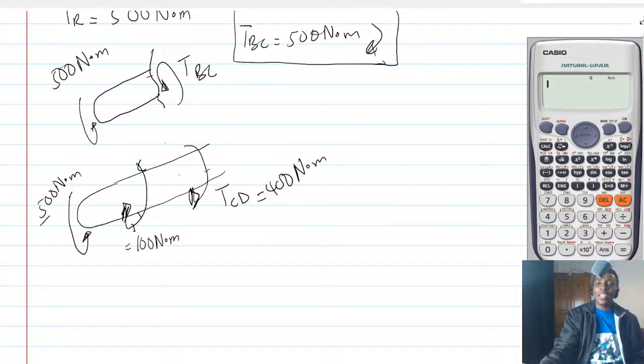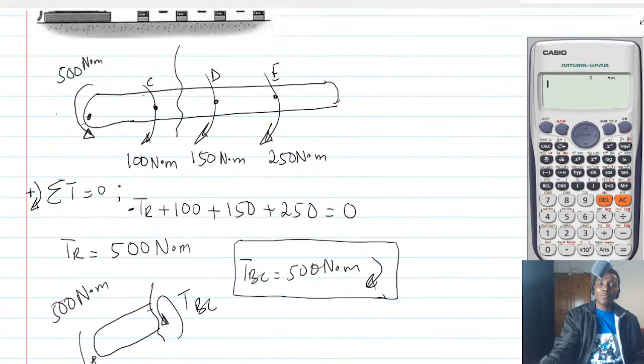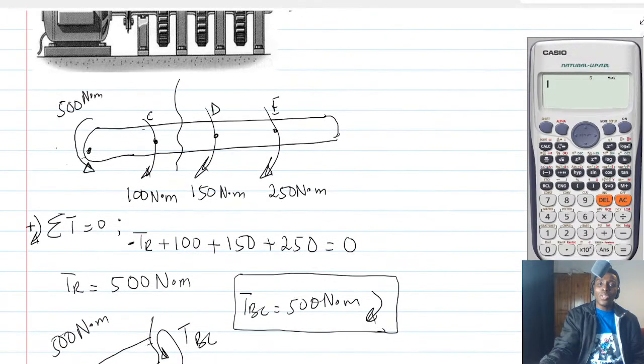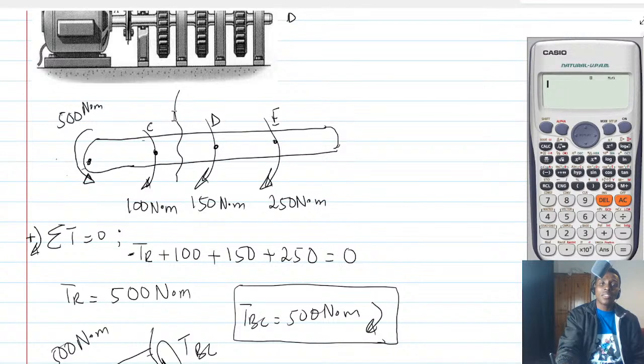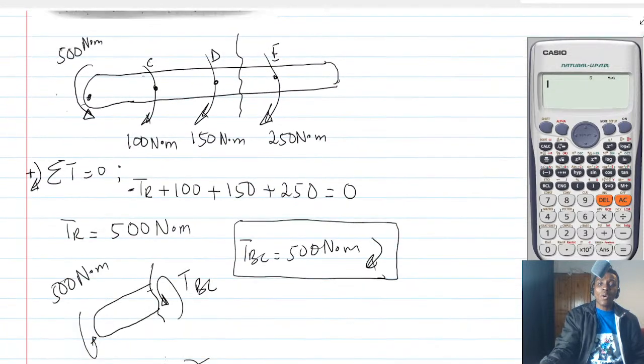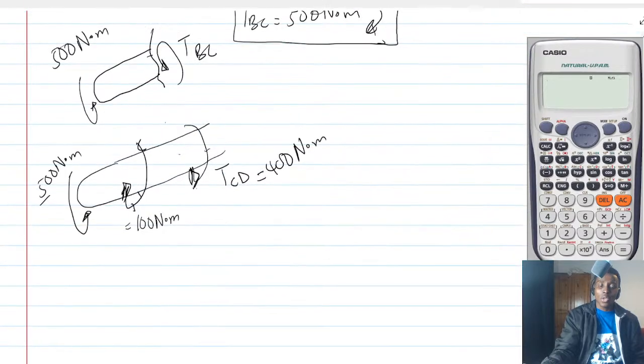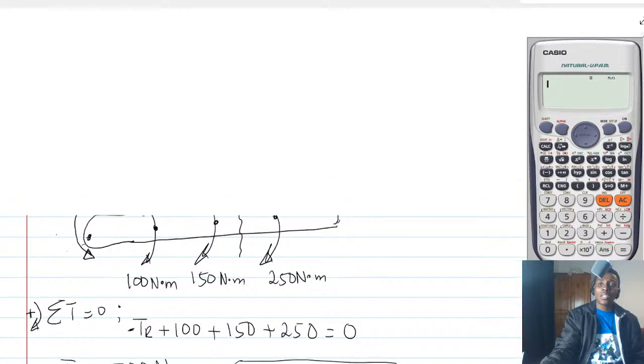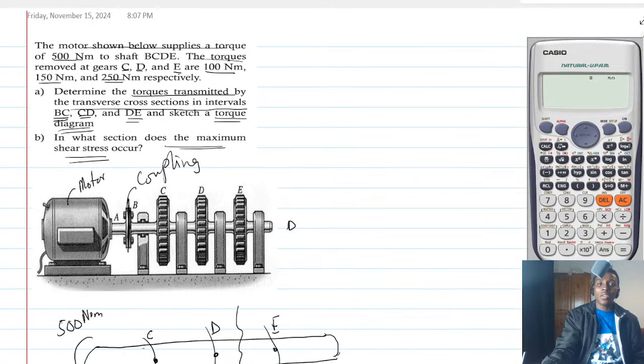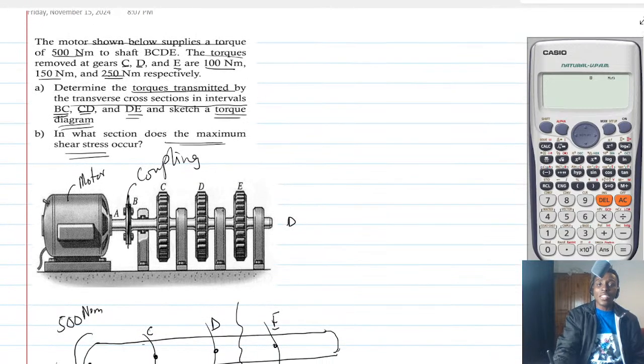Now finally, let's look at between D and E. Now interestingly, the last portion is actually D. So when you get to D, E. So between D and E, in fact, all these are bearings.